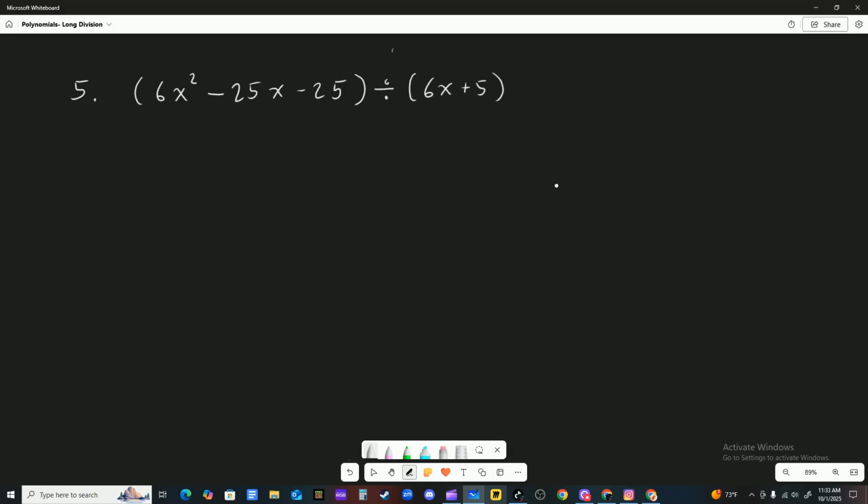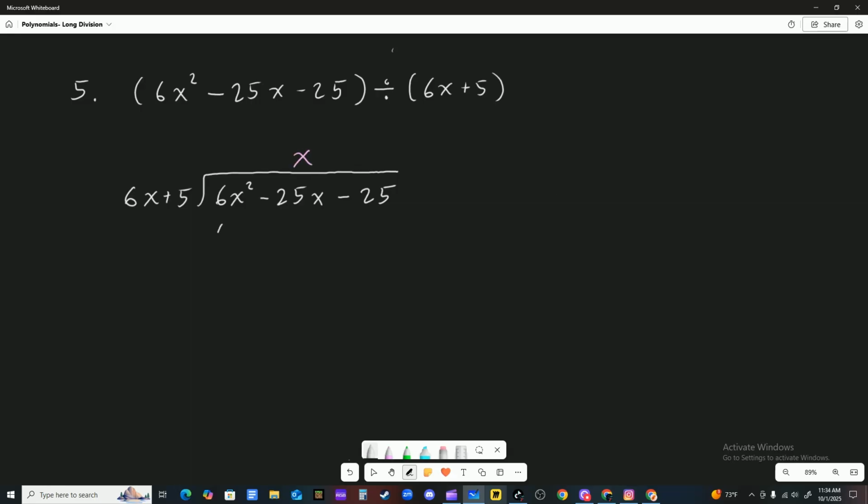Cool. So let's set it up. 6x plus 5, and we have 6x squared minus 25x minus 25. So I want to get rid of 6x squared, which means I got to multiply by x.